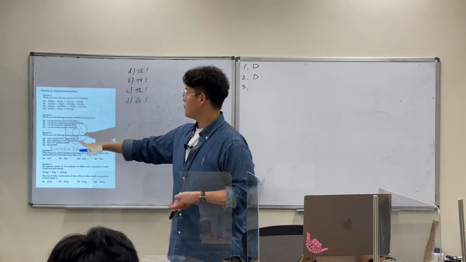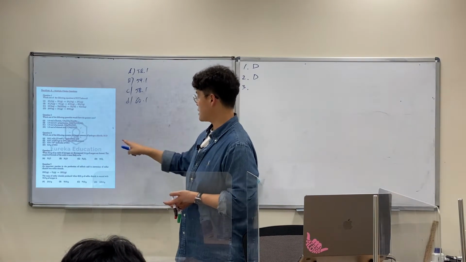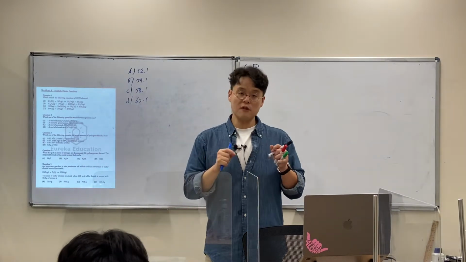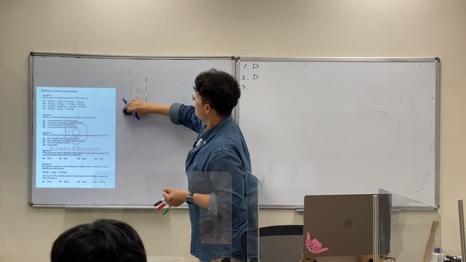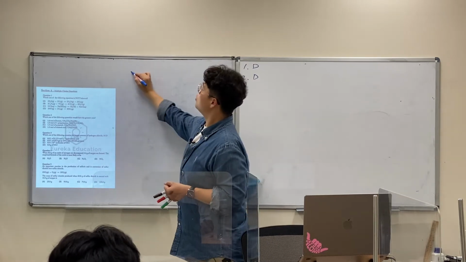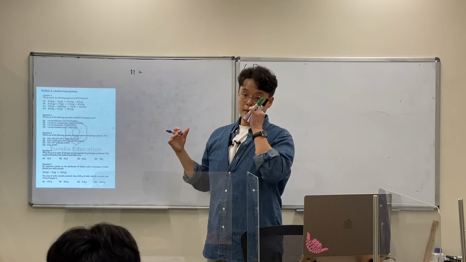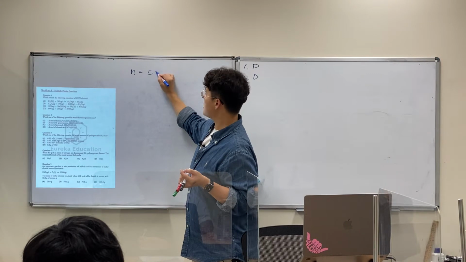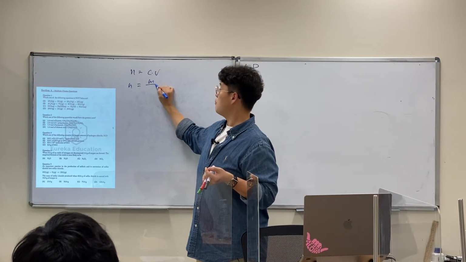Question 3. Which one of the following contains the largest amount of hydrogen chloride, HCl? Again, we have liters and moles, so you just need to find which is largest using this. Brandon, do you remember how to find the number of moles? How to find n? n can be found from c times V, or sometimes n can be found from mass over molar mass.